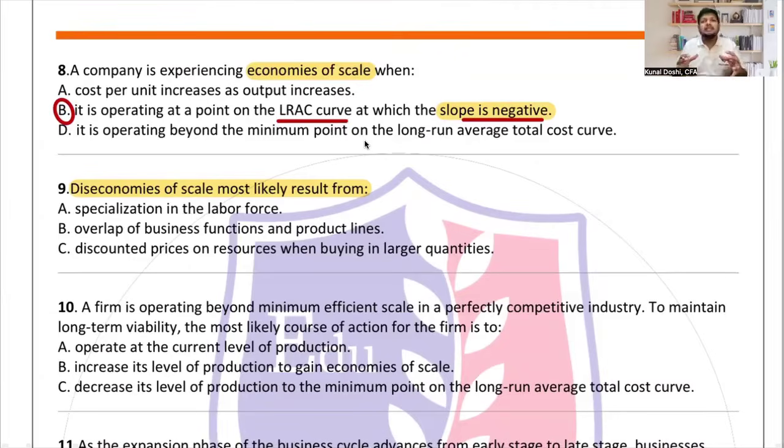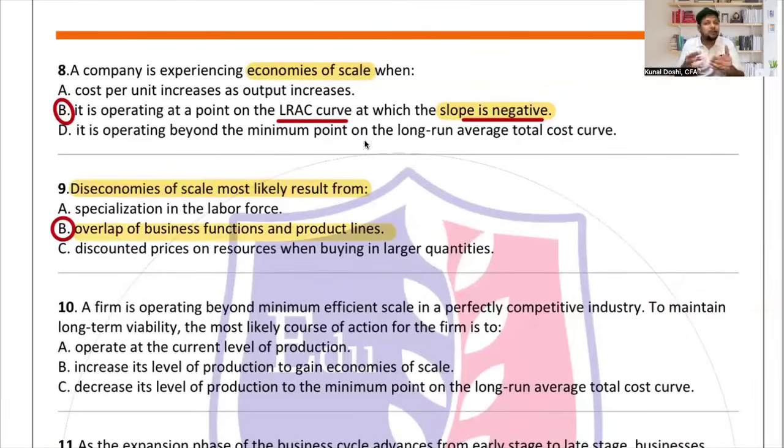Because maybe the companies or countries have become too bureaucratic. They have become so large that companies face these issues, like government companies, there is lack of decision making, department to department approval, and so on. So diseconomies occurs. Specialization, no, that results in economies of scale. Overlap of business function and product lines, yes, isn't it?